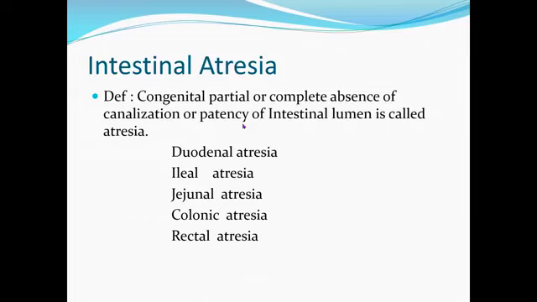Also some types of contrast X-ray can reveal esophageal atresia, duodenal atresia, and all other types of GIT atresia. Our concern today is duodenal atresia and jejunoileal atresia, and very rare colonic and rectal atresia.